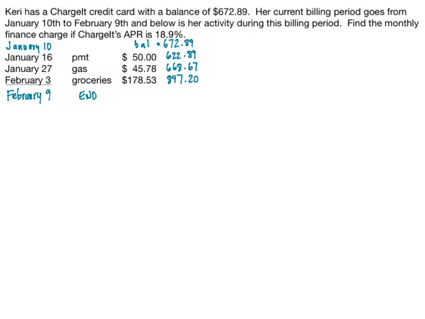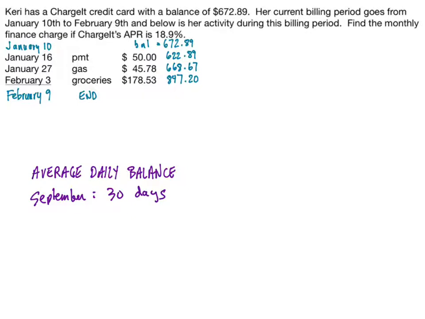Now from here, we want to calculate her average daily balance, but let's look at a different, much simpler scenario. So down below, let's create a new scenario for average daily balance, and let's consider maybe the month of September, because there's 30 days in September. That makes it a little bit easier.